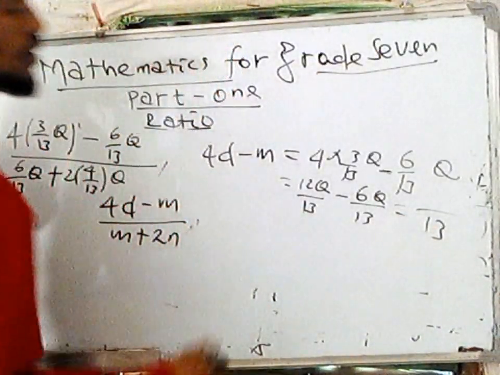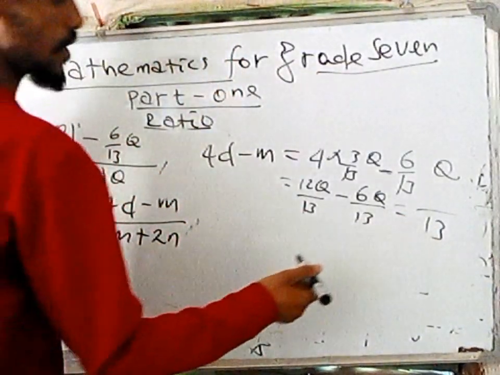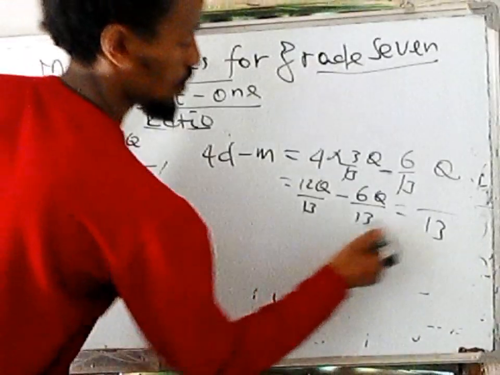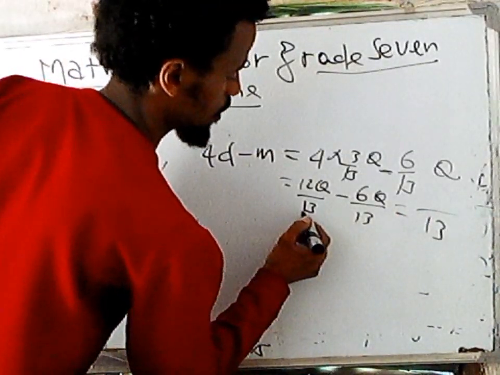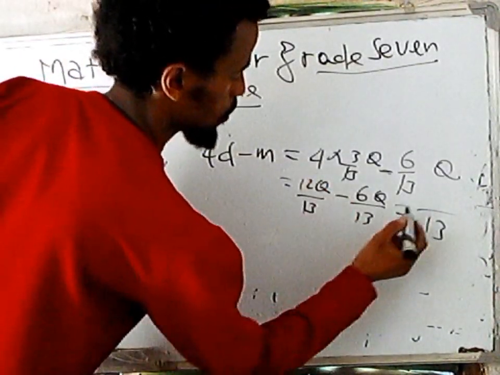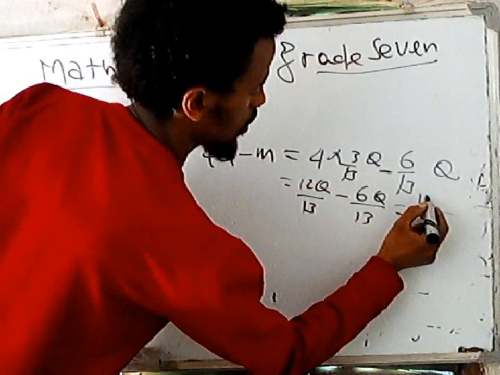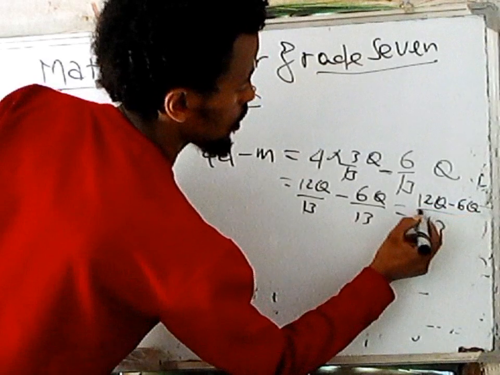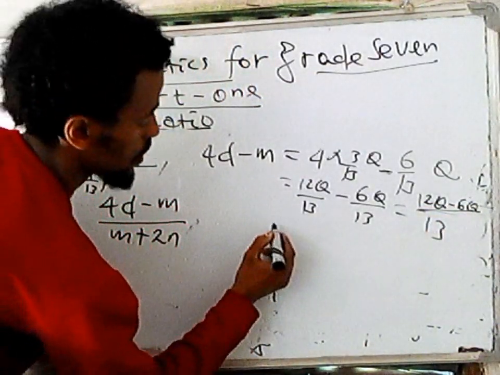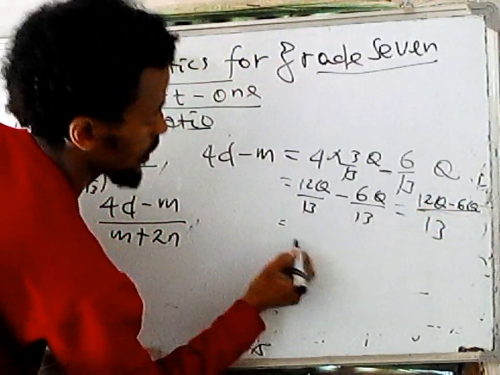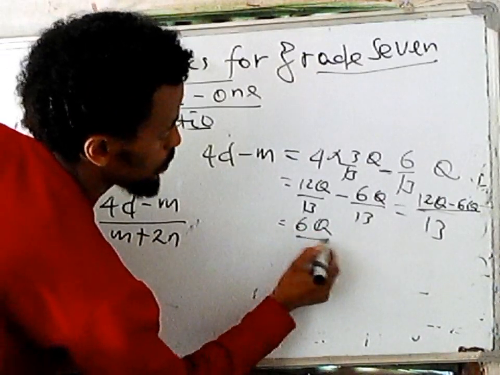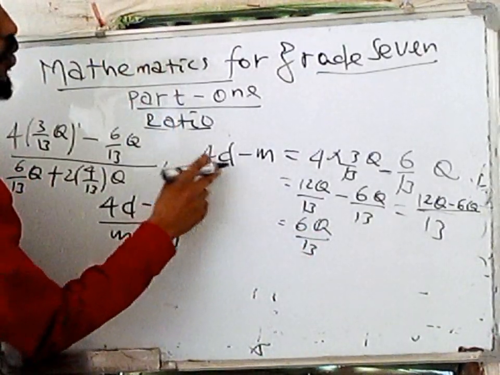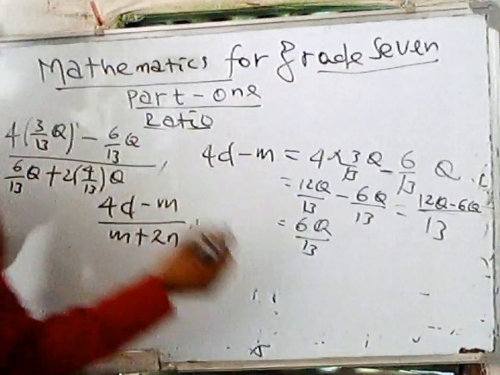Since the denominators are similar, it is 12Q minus 6Q over 13. This is the value of 4D minus M.